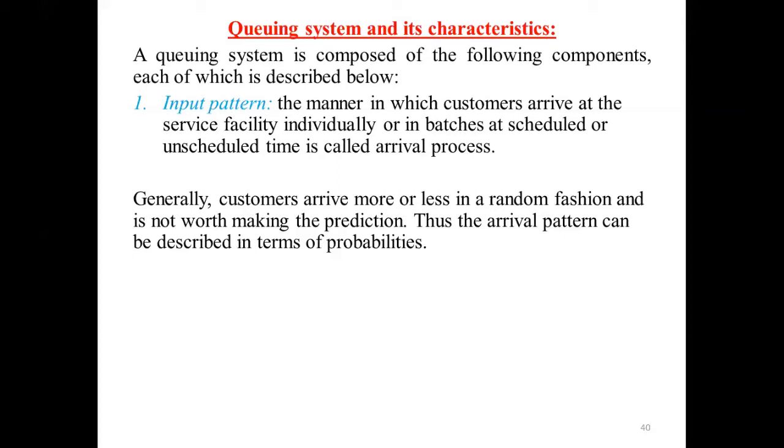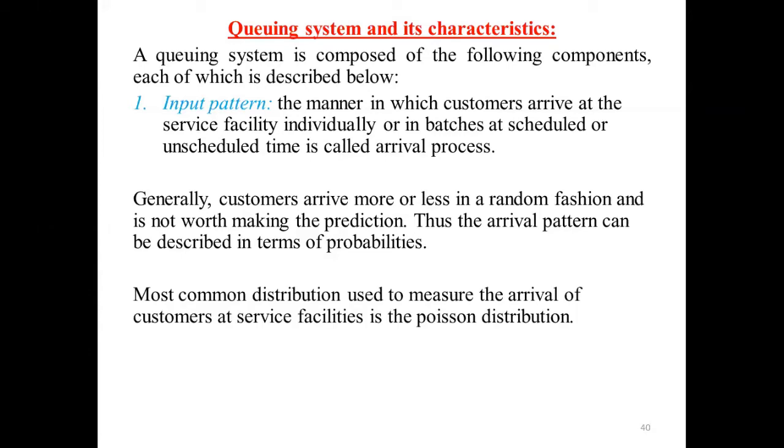Generally, customers arrive more or less in a random fashion and it is not worth making a prediction. That means we can't predict the customer arrival time. Thus, the arrival pattern can be described in terms of probabilities.